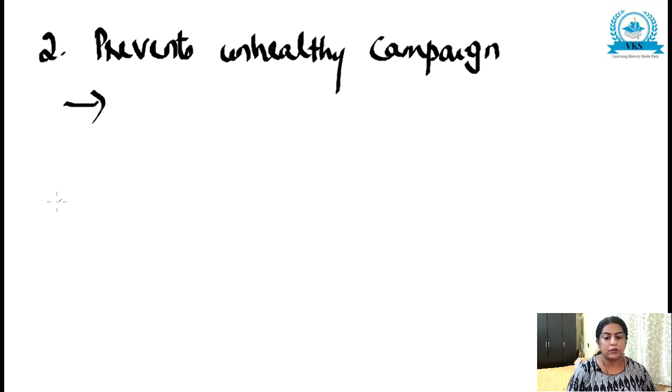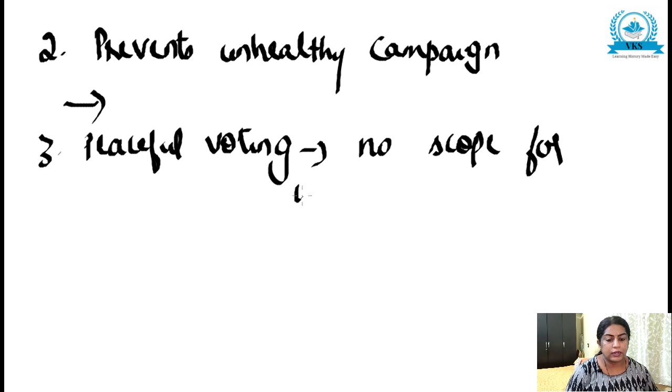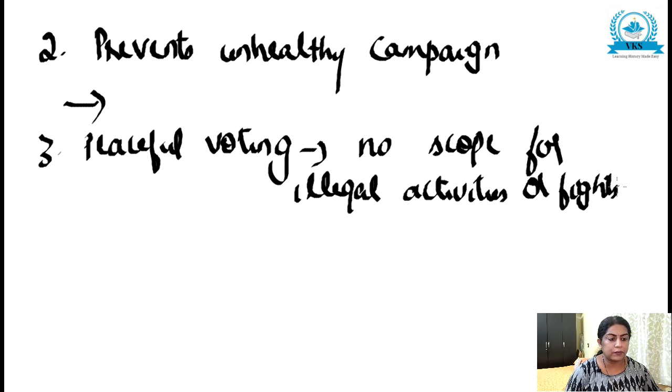Now the third feature of indirect election is peaceful voting. See, usually in direct election, every time it may not be peaceful voting. In indirect election, there is no scope for illegal activities or fights during election, and the elections are conducted according to well-defined norms and values.